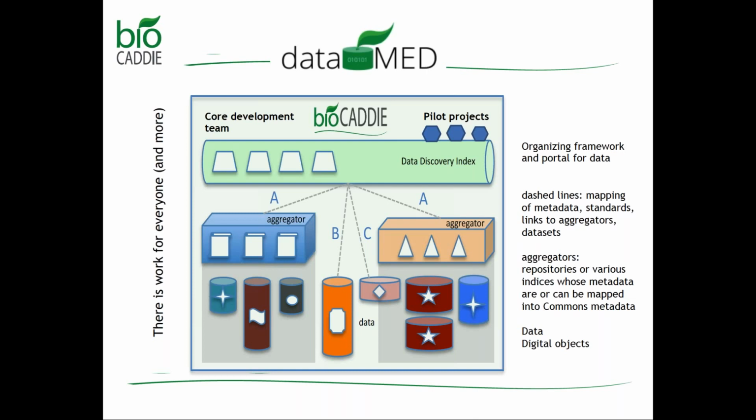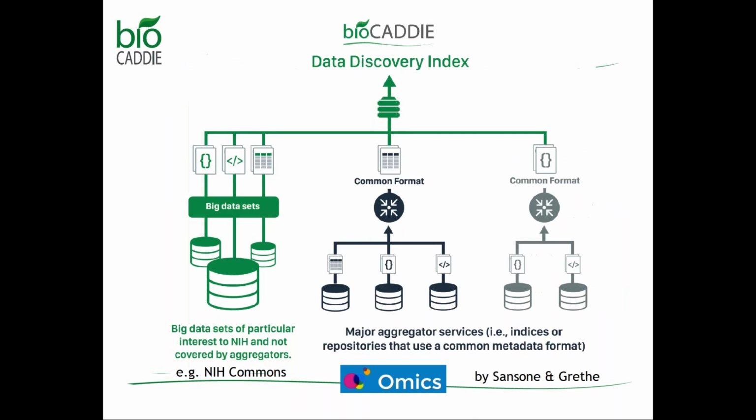And these aggregators tend to focus on a particular data type and are much more detailed than we would ever be able to be if we set out to index absolutely everything ourselves. So one example, which will be given here, is the omics data discovery index project that I'll show, in collaboration with the Heart BD2K Center and with the Elixir colleagues.